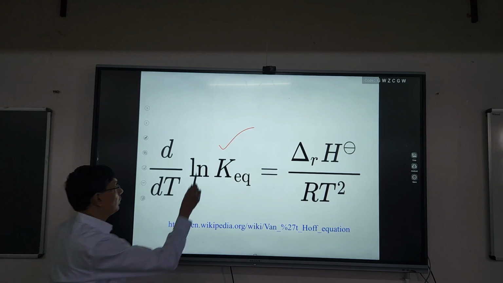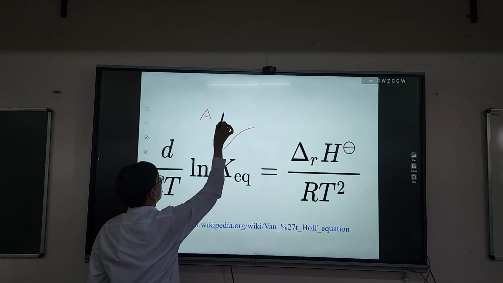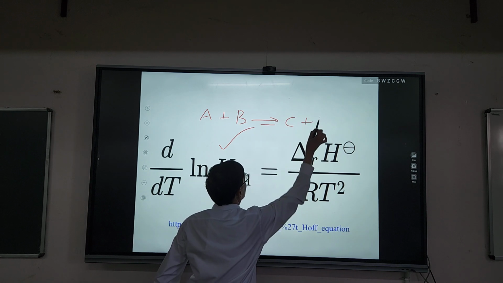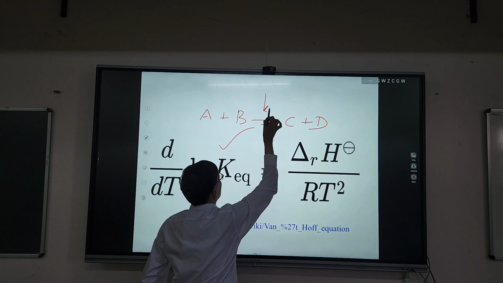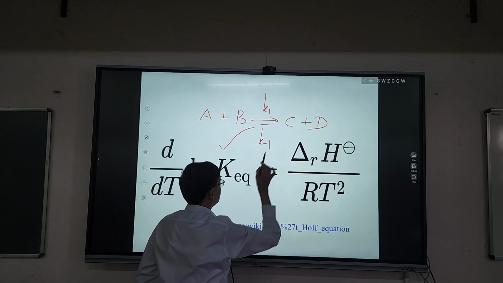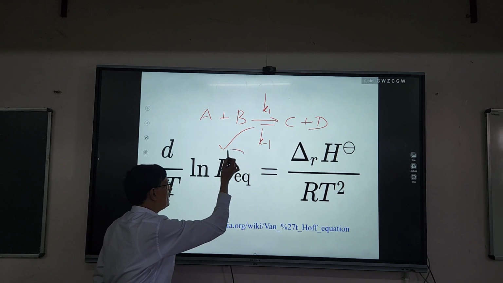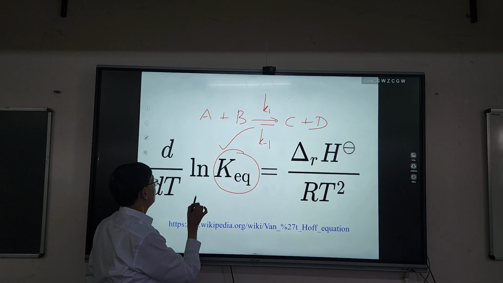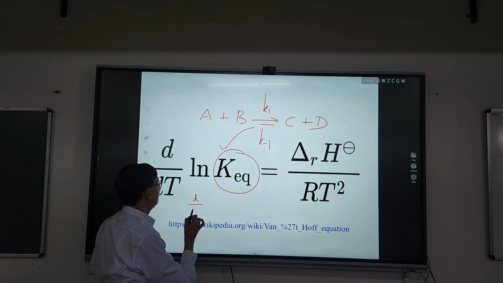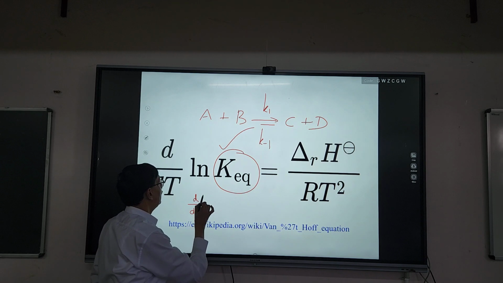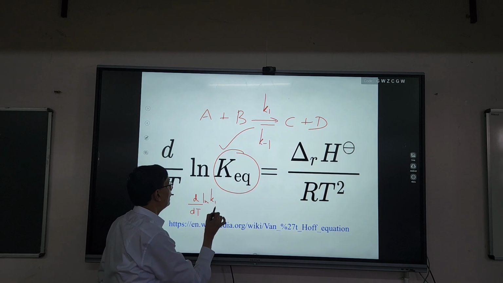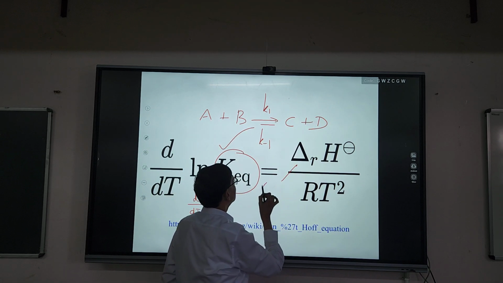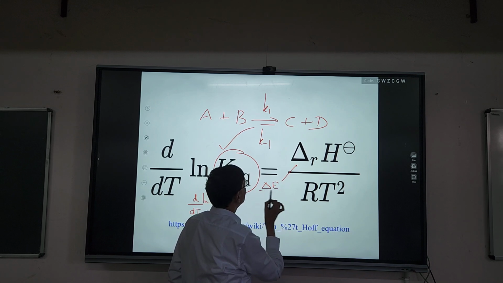And you know that, again I am talking about the same thing, A plus B is equal to C plus D, with rate constants k1 and k inverse 1. So a simple derivation: d by dT of natural log of k1. This is equal to the internal energy, you can write delta E also.